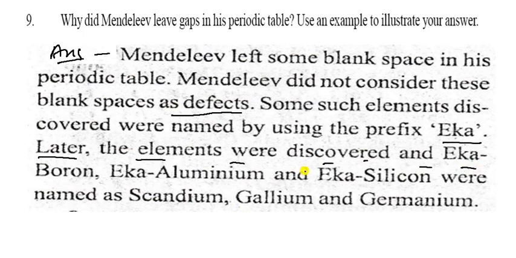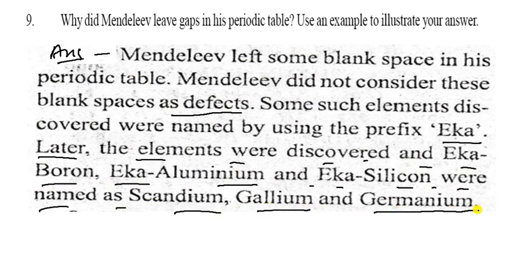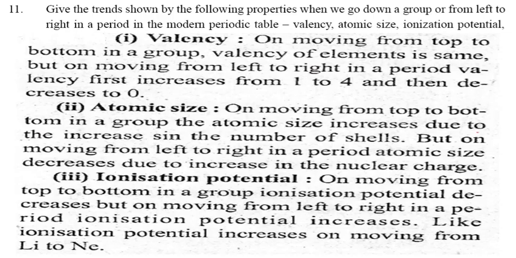Later, the elements were discovered, and eka-boron, eka-aluminium and eka-silicon were named scandium, gallium and germanium. These are examples to illustrate your answer. So you have to write.